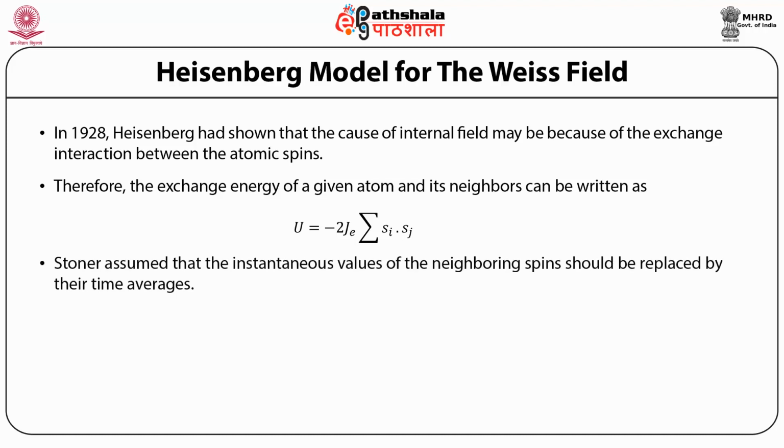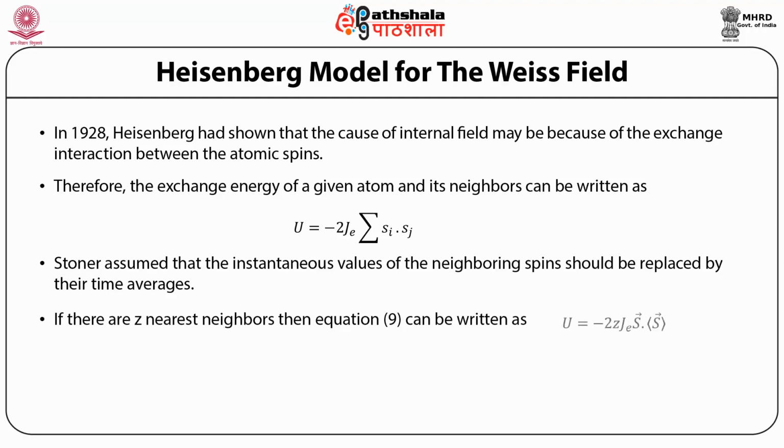Stoner assumed that the instantaneous value of neighboring spins should be replaced by their time averages. If there are Z nearest neighbors, then equation 9 can be written as U equal to minus 2 Z J_E S dot expectation value of S, where the expectation of S is the average spin of adjoining neighboring atoms.